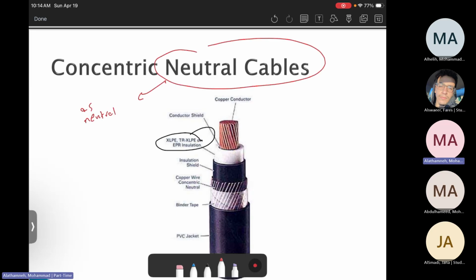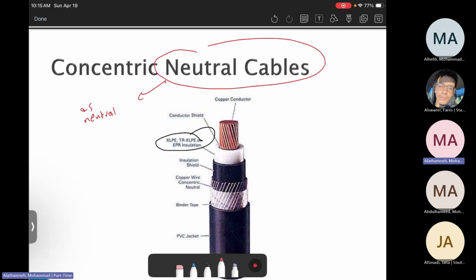As we discussed in the previous lecture, there was a three-phase cable without a neutral. So this one comes as a neutral, or in high voltage, there are three single-phase cables, and the neutral cable comes alone. And again, the purpose of the neutral is for the returning current path. It can also be used for the fault current path or grounding.